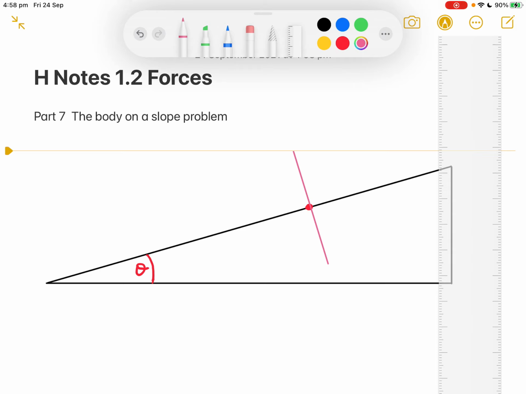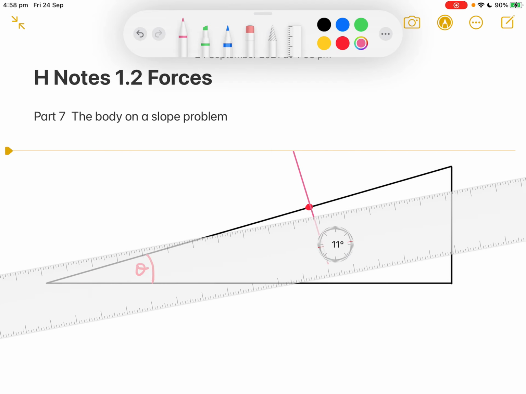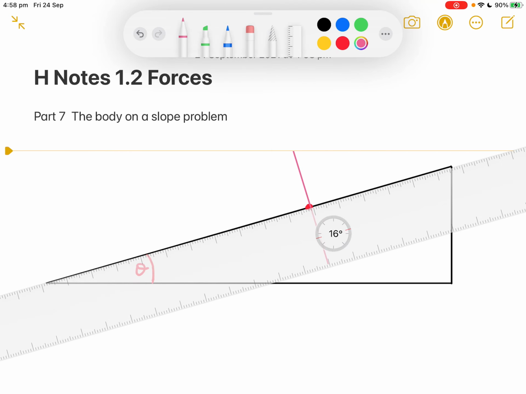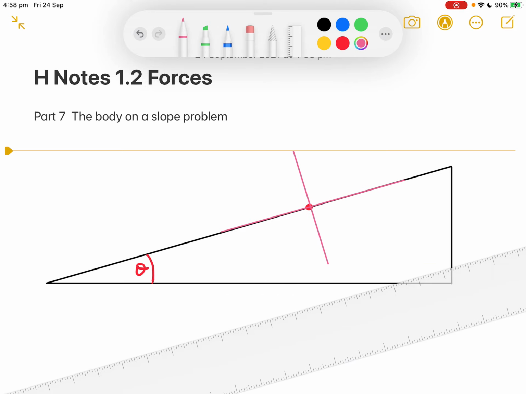Now, why am I drawing my axes like that? Because any motion that the body undergoes is either going to be down the slope or up the slope. So it makes sense to make my x direction parallel to the slope and my y direction at right angles to the slope. So there basically is my y-axis, and there is my x-axis.